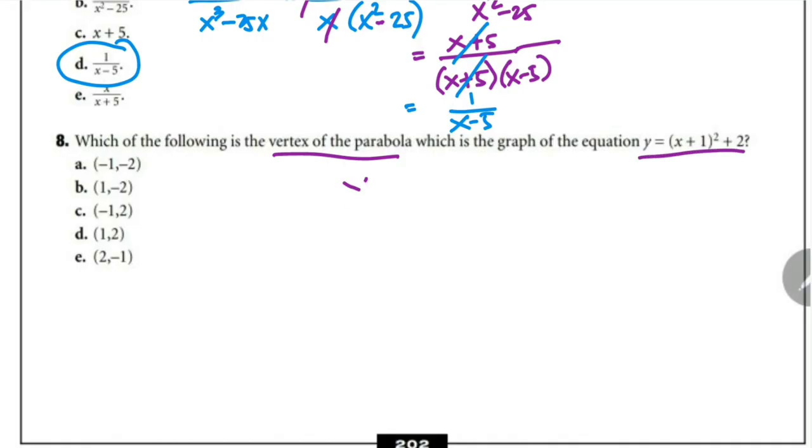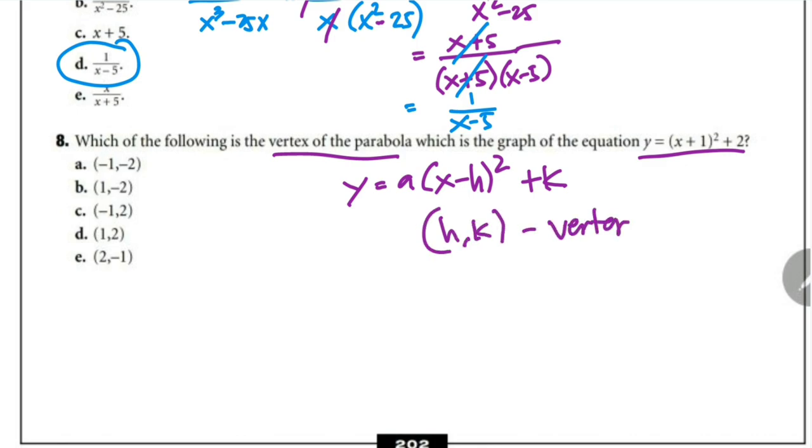Okay, so the vertex form is y equals a times x minus h squared plus k. h, k here is the vertex. From the given equation, h is negative 1 and k is equal to 2.